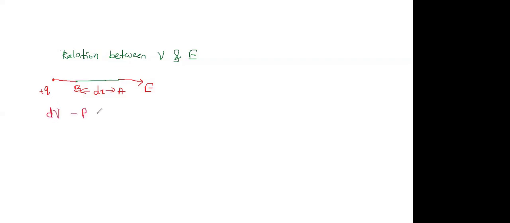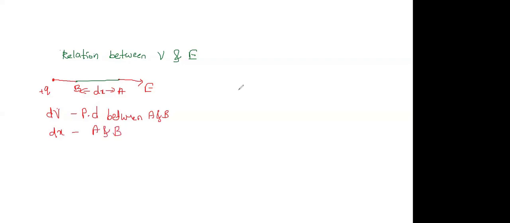It is the potential difference between A and B. And here dx is the distance between A and B.